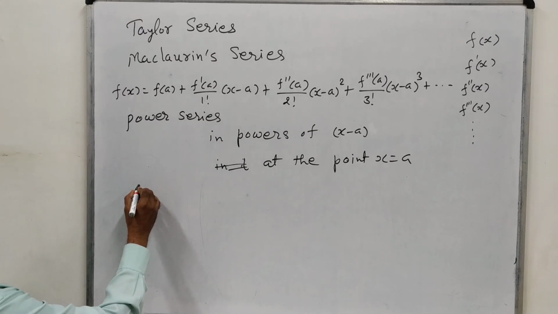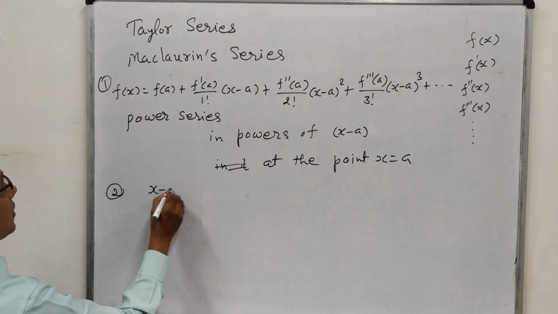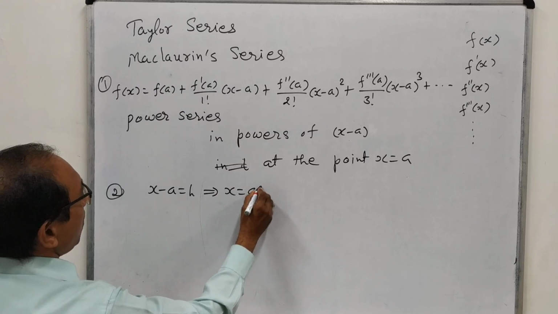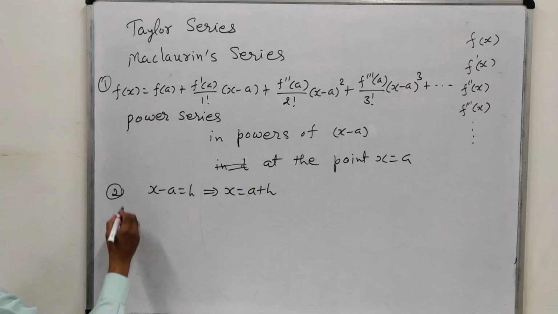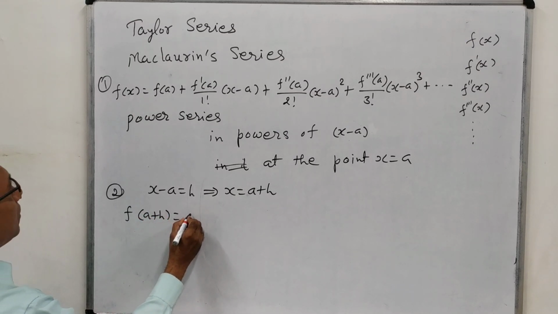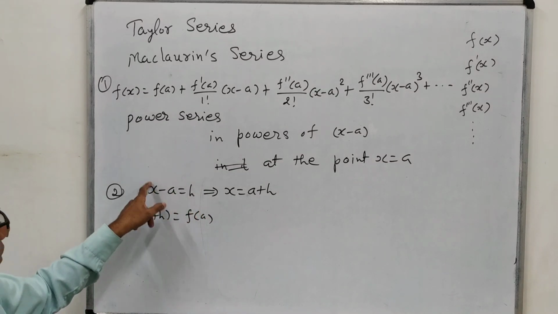Then I told you the second form. This is the first form. The second form: if we put x minus a equal to h, then we can obtain the second form of this series. Here x equals a plus h. So f of a will remain as it is, because here we are just replacing x minus a by h.